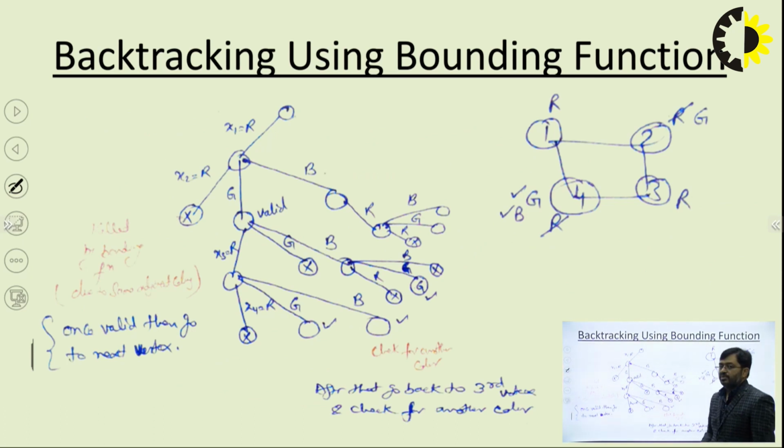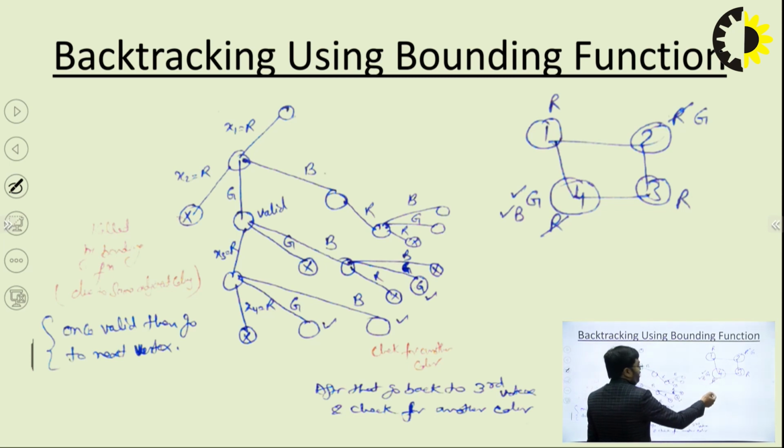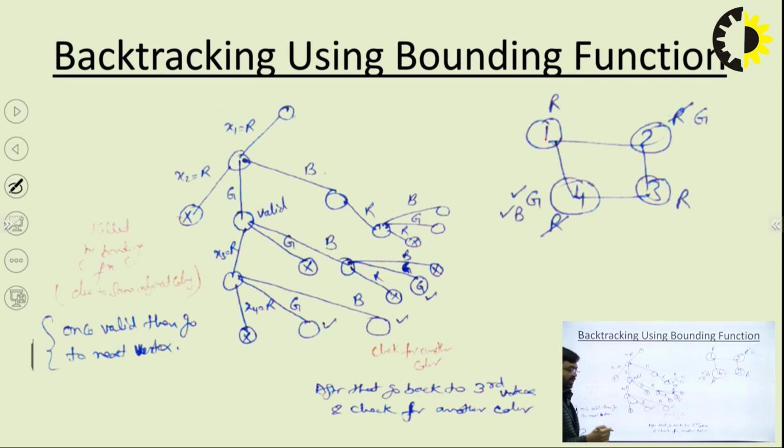Then how do we use the bounding function here? So take this example again, 1, 2, 3, 4. There are 4 nodes given, and the condition is the same: no two adjacent vertices have the same color. Then we start from the root node and take the red color for vertex 1.